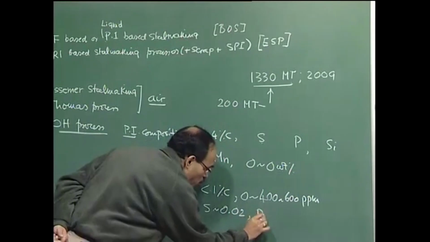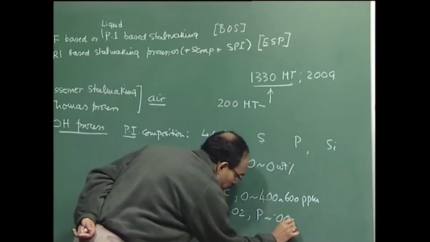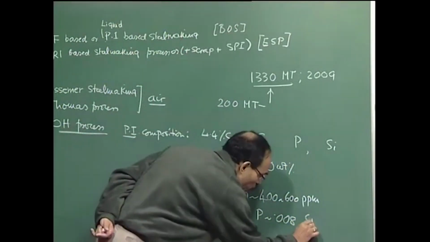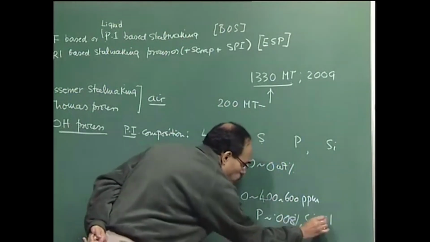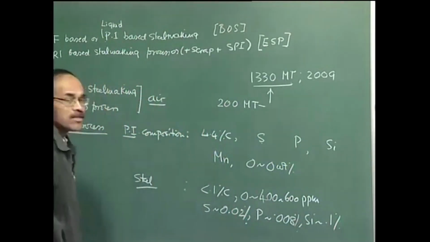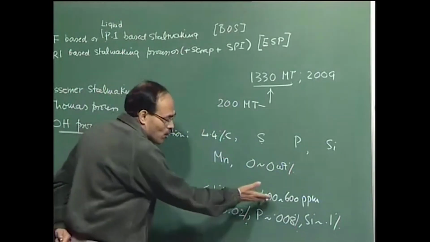In the phosphorus also you can get down to 0.008. Silicon can be 0.1 weight percentage, and so on. If you take secondary steel making, it is possible to reduce the oxygen level.